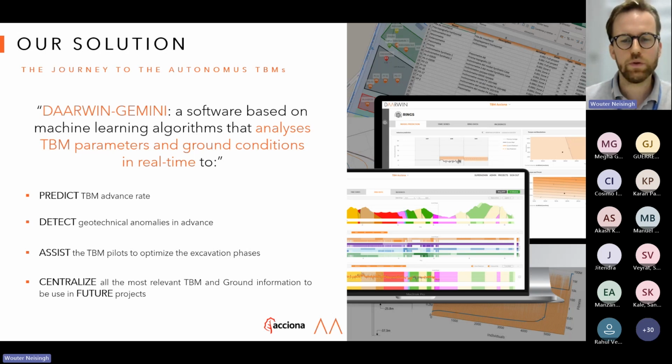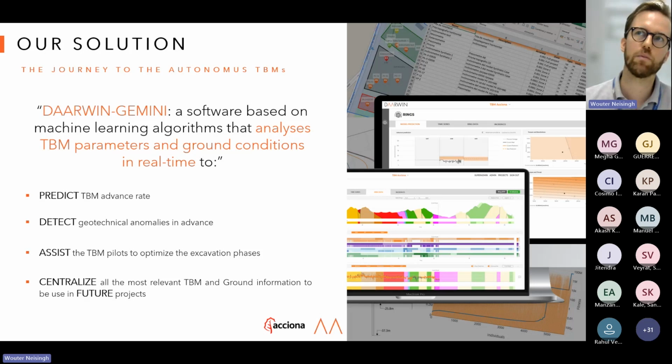What Daarwin Gemini does is a few things. In the first place, it predicts the TBM advance rate. And in order to serve the operating team, we can check the data every 5 seconds. That means that we can deliver real-time or near real-time insights. That allows us to detect geotechnical anomalies in advance in order for the operating team to respond to them.